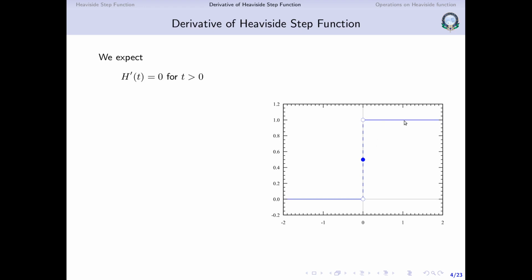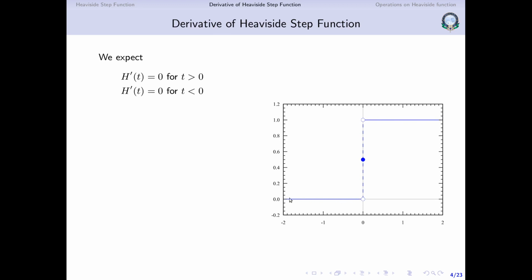Our expectation is basically this. For positive values of t, we expect the derivative to be 0. Why? Because for positive values, you see the graph, it's a horizontal line, and the derivative of a horizontal curve is always 0. Same thing will happen for the negative values of t also.